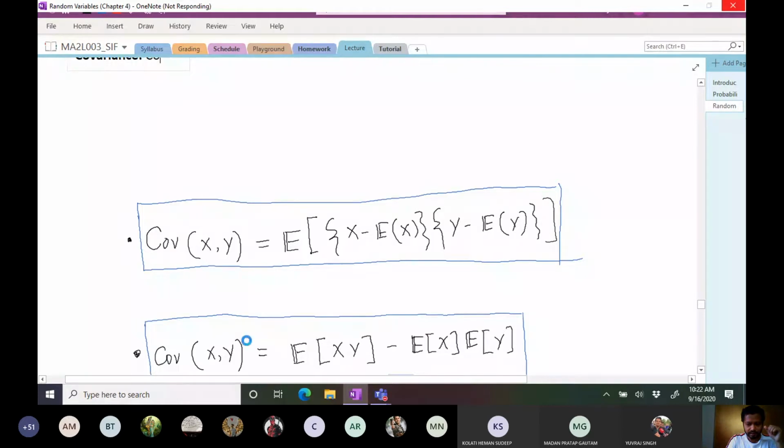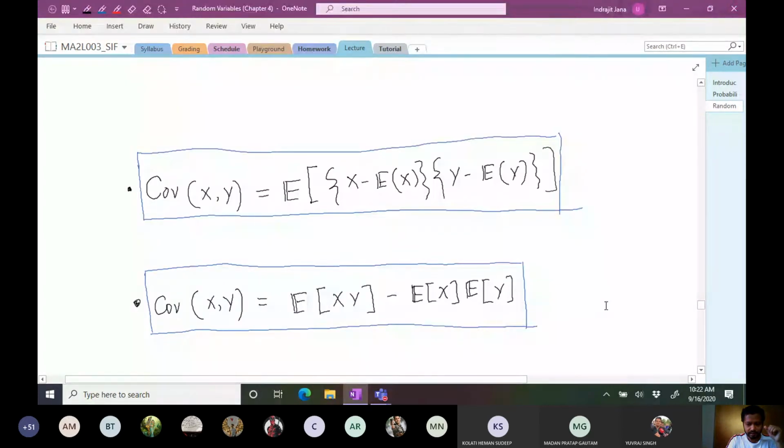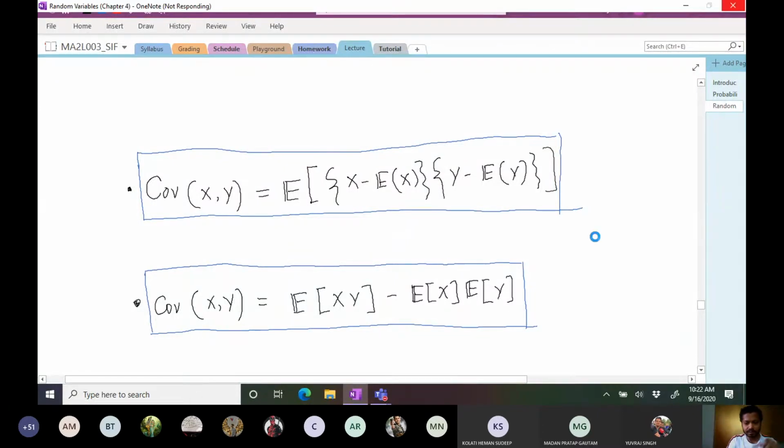And the next formula, which is written in the blue box, is the alternative formula of covariance. The first formula, in the first blue box, is the original formula of covariance, and the second one is the alternative formula. Now, if you ask how I got this alternative formula, this is actually a good exercise. If you have understood how I got the alternative formula for the variance, these are exactly the same steps of computation.